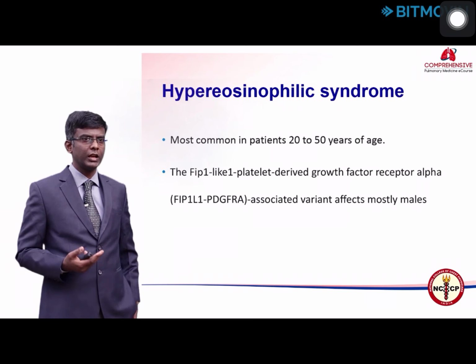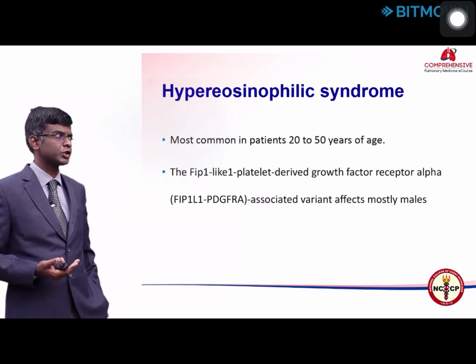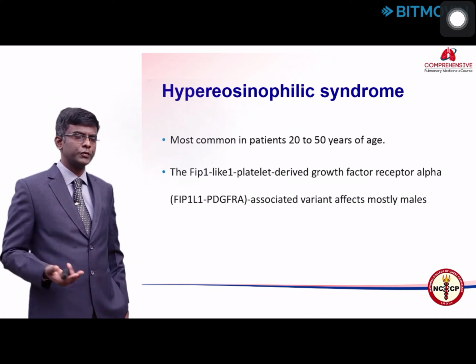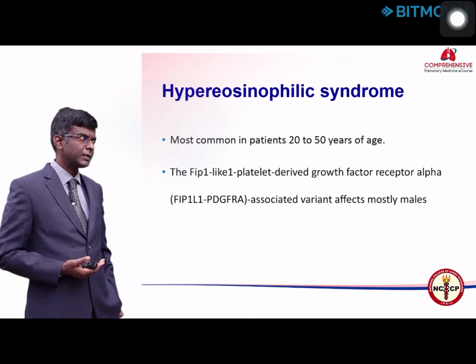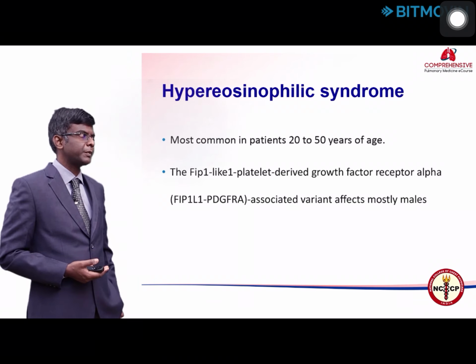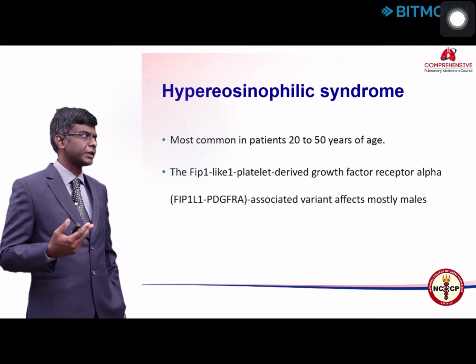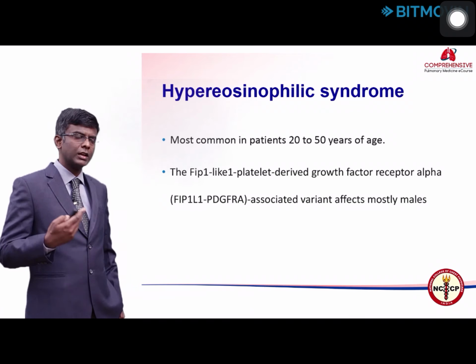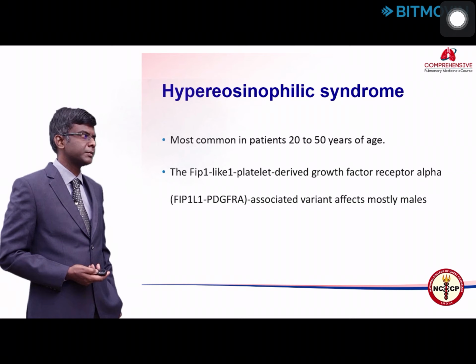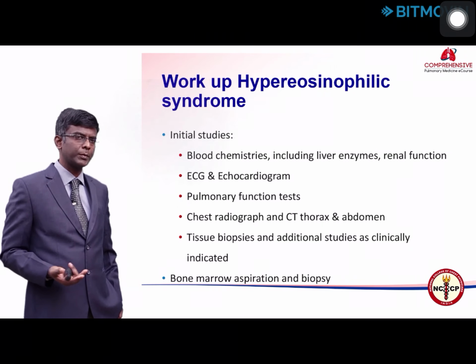Hypereosinophilic syndrome is most common in patients 20 to 50 years of age, and patients with FIP1L1-platelet-derived growth factor receptor alpha mutation commonly are male. How will you work up a patient?